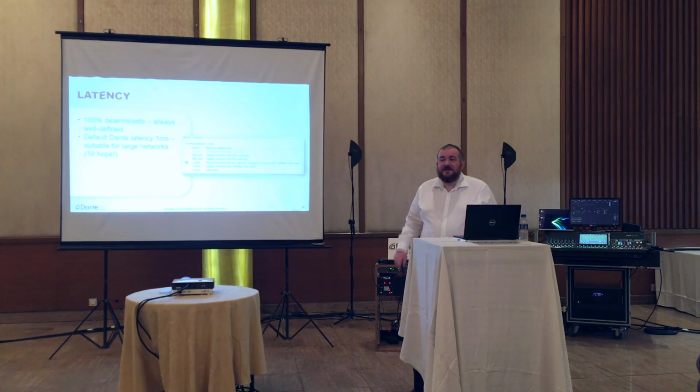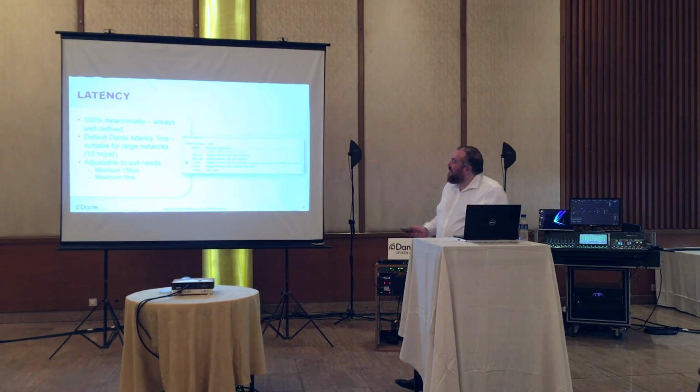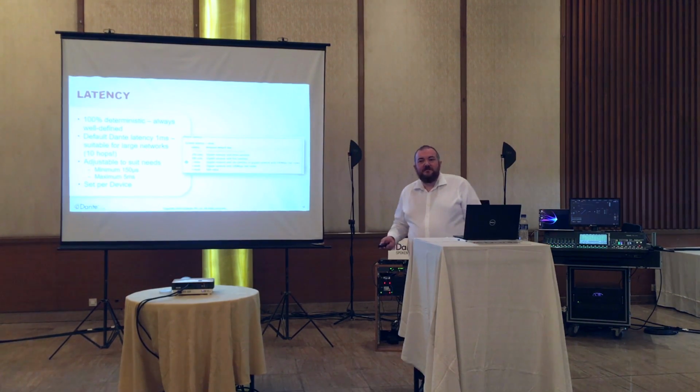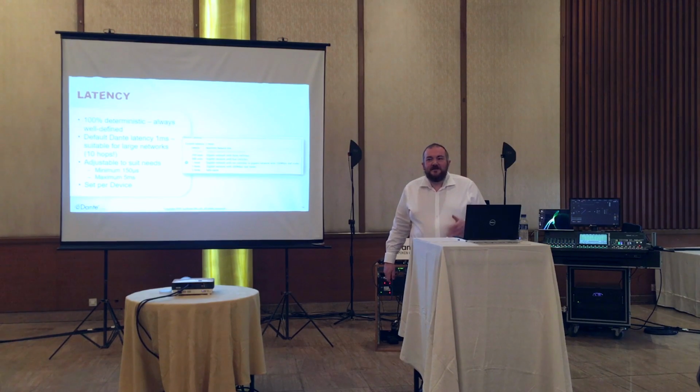In lab mode, I've put some Dante devices into 1.6 seconds latency. That's very strange on a bench. And we can do a minimum of 150 microseconds latency if it's really, really critical. And this is set per device. So different relationships between different devices may have different latencies.